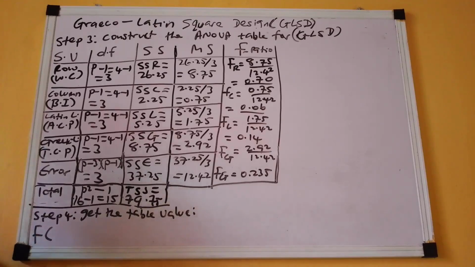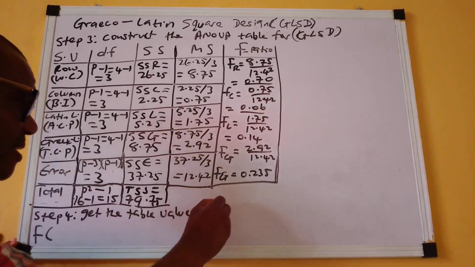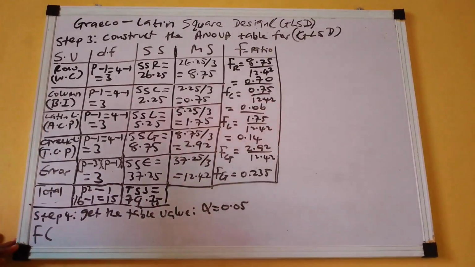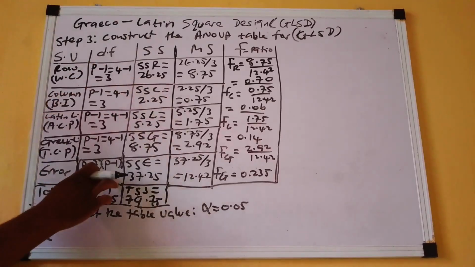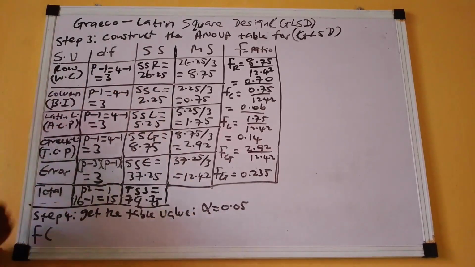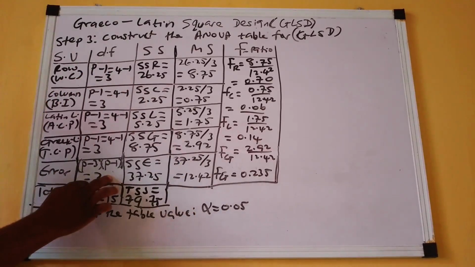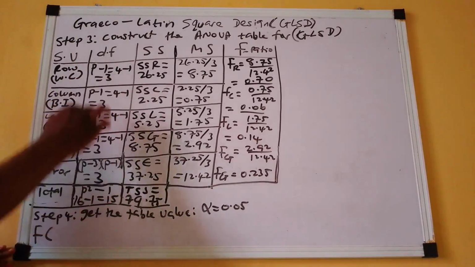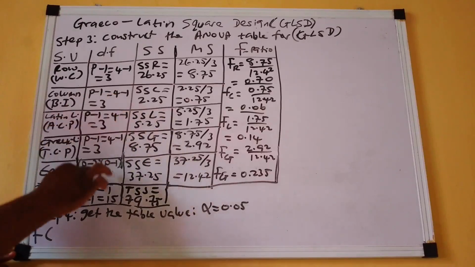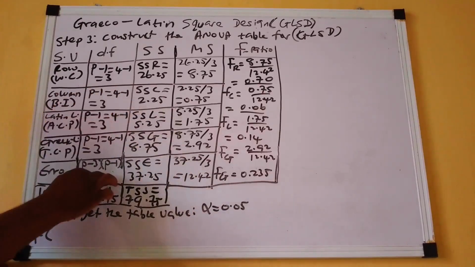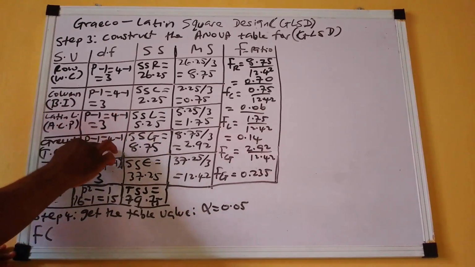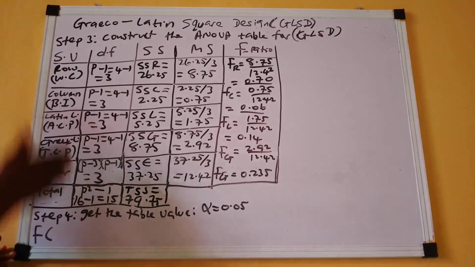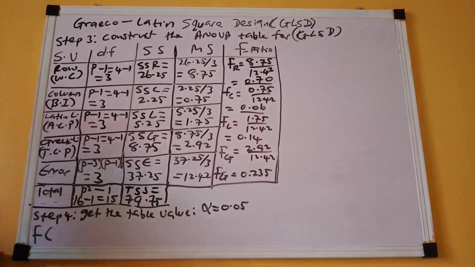Note our alpha that is given is 0.05, that is 5%. So now we are checking the degree of freedom for the row against the degree of freedom for error, that is 3 against 3. The degree of freedom for column against the degree of freedom for error, that is 3 against 3. The degree of freedom for the Latin letters against the degree of freedom for error, that is 3 against 3. The degree of freedom for the Greek letters against the degree of freedom for the error, so it's 3 against 3.